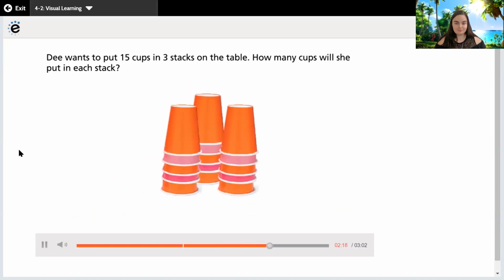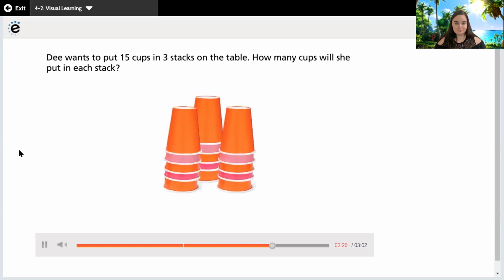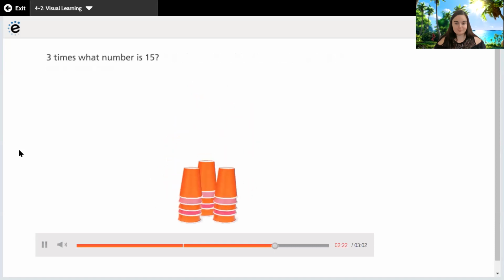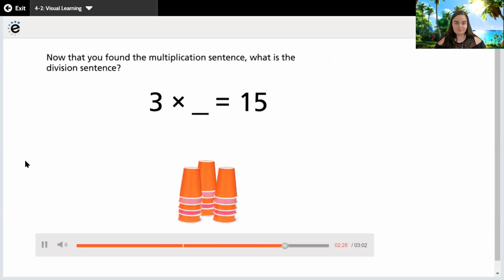How many cups will she put in each stack? 3 times what number is 15? Now that you've found the multiplication sentence, what is the division sentence? We're just rearranging the numbers. If we know that how many we have is 15, we can start with that 15 and say, I need to put this into 3 groups.